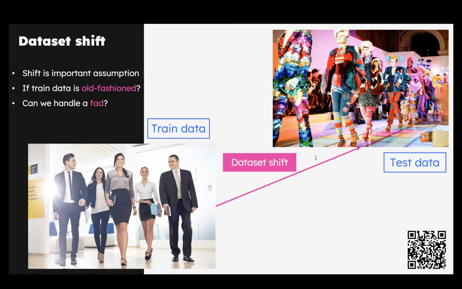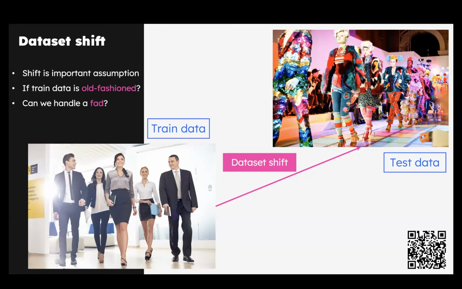If the training data is dominated by formal attire, while the test data is predominantly composed of cutting-edge outfits, what would be the potential challenge? This is certainly an extreme example, but addressing similar issues to some extent is essential.